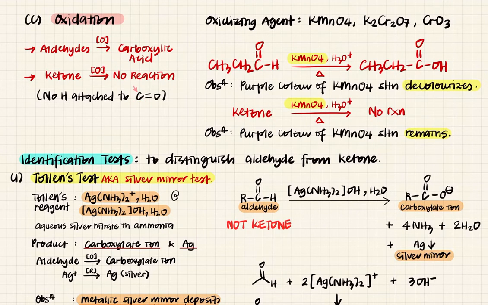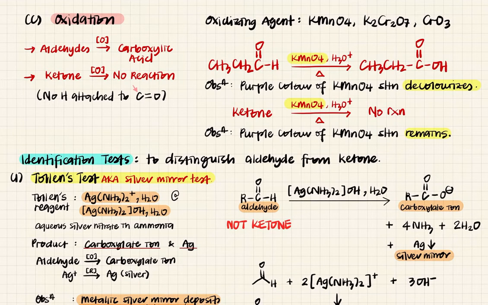So let's say an aldehyde undergoes oxidation with acidified KMnO4 at high temperature, while being heated, you will get carboxylic acid. We basically add oxygen to the H.